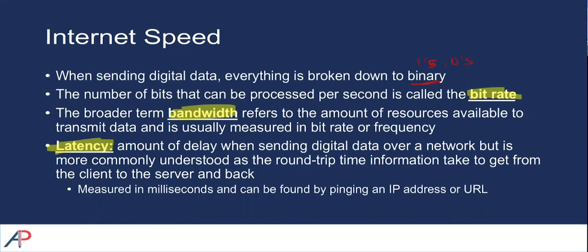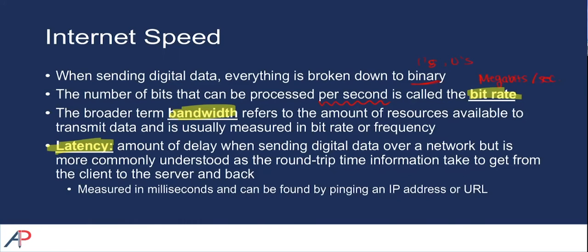The number of bits that can be processed per second is called the bit rate. So how many bits are being sent per second? Normally, when we describe internet speed, we use megabits per second.